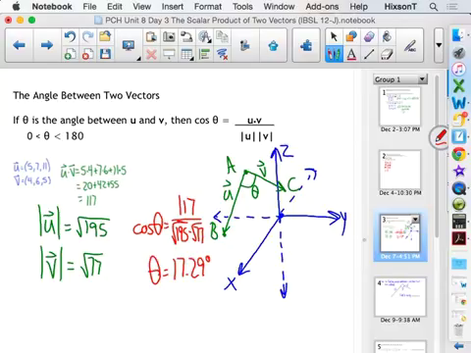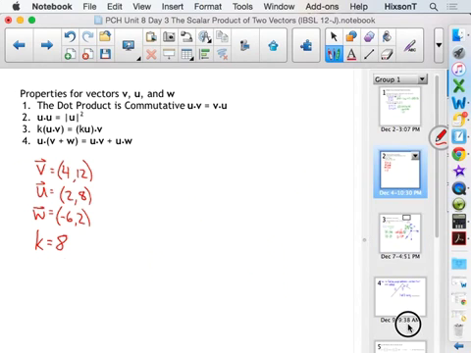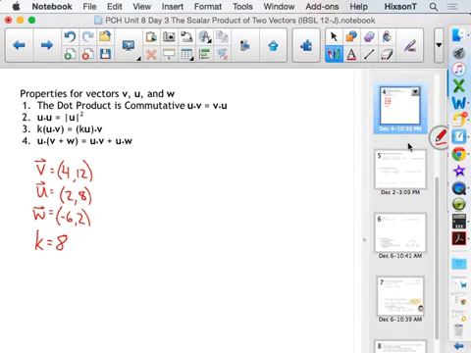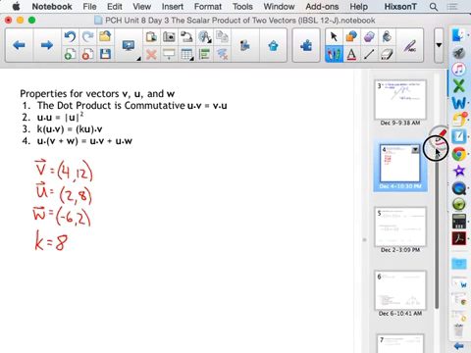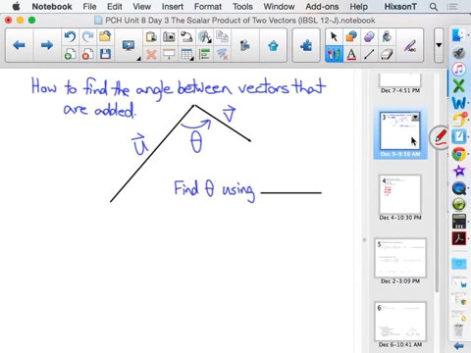Okay. Now, let's take this one more step, and then I do want to look at a couple of properties related to dot products. We'll get to those in a sec. Finding the angle between two vectors when they're being added together.